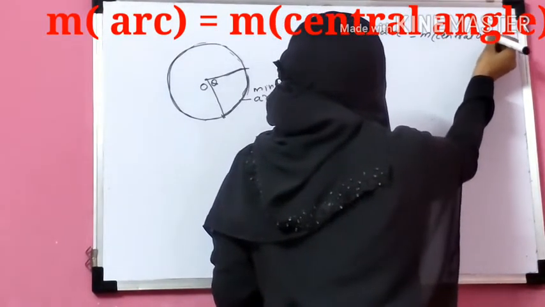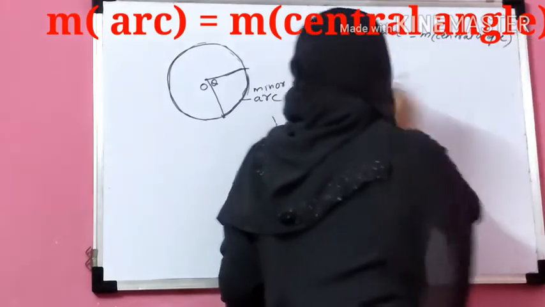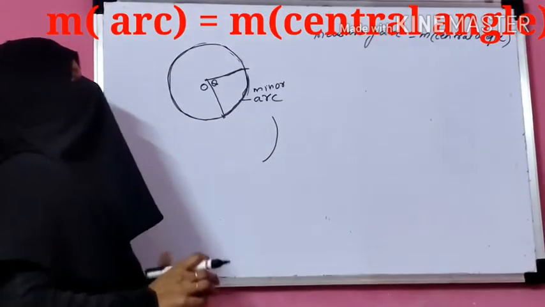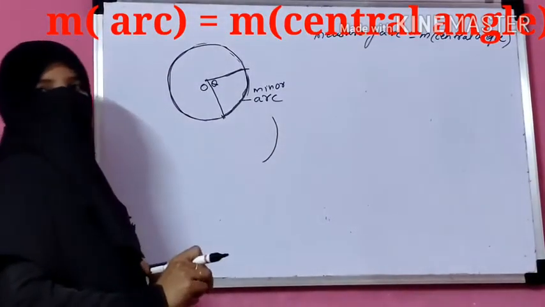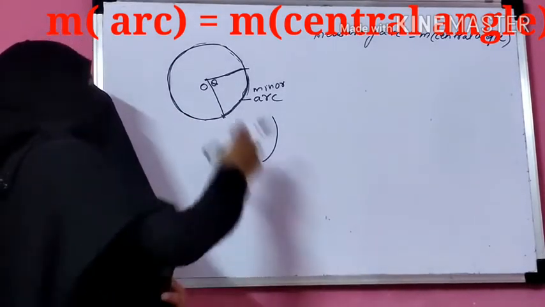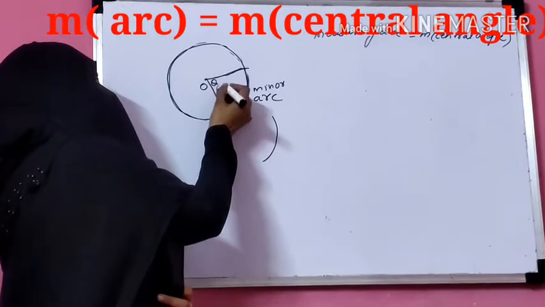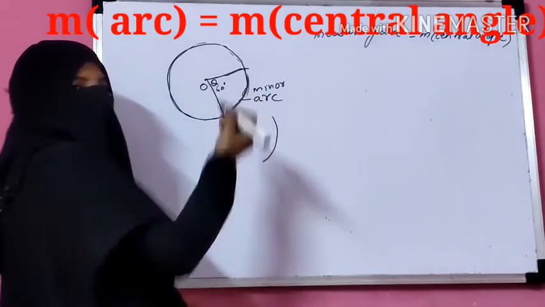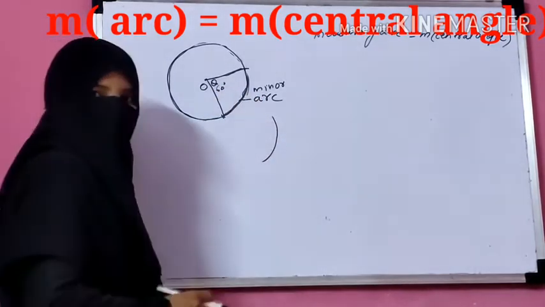So first concept, remember and recall this point: the measure of an arc is always equal to the measure of the central angle. That means whatever the measure of the central angle, the measure of that arc is the same as the central angle.